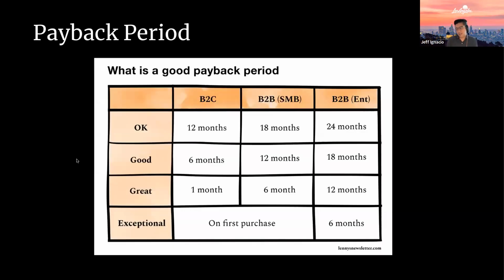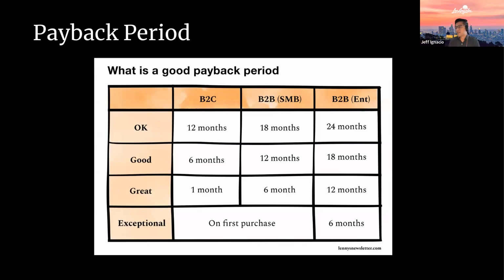All right, this came from Lenny's newsletter, one of my favorite newsletters to subscribe to. It talks about what is considered good to great for different types of businesses. So the payback period for a B2C is considered excellent at the 1 month or first time purchase. That's a super high margin type product.